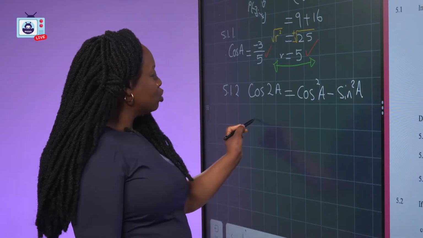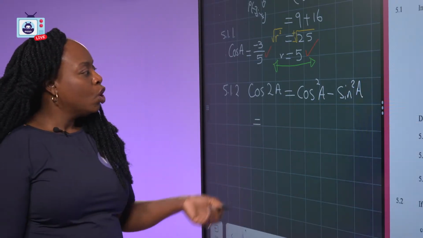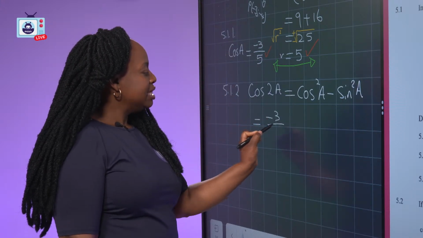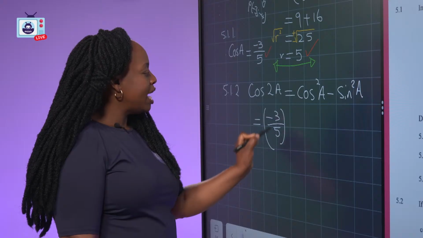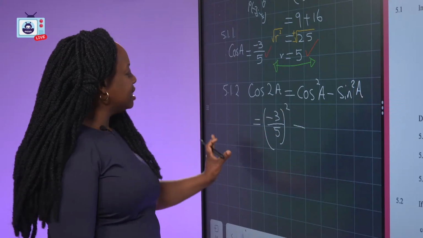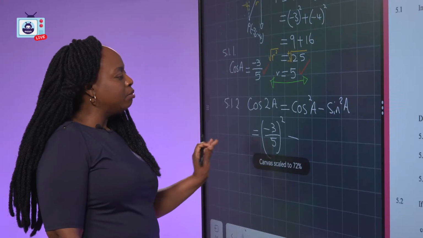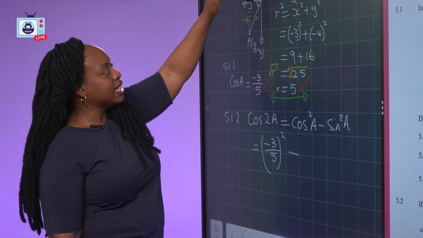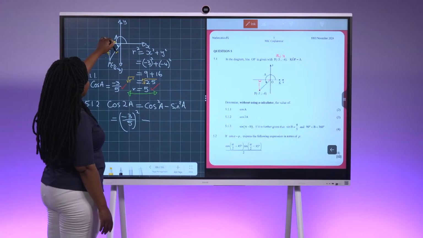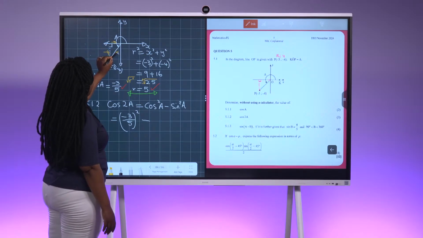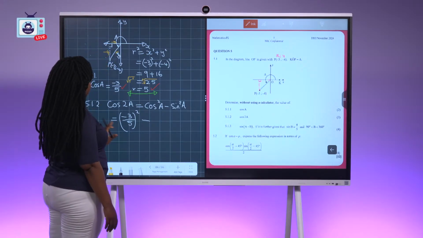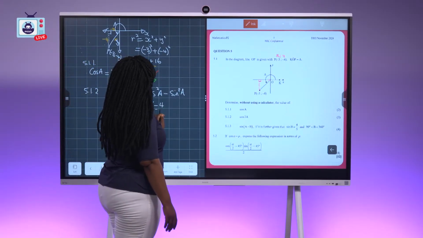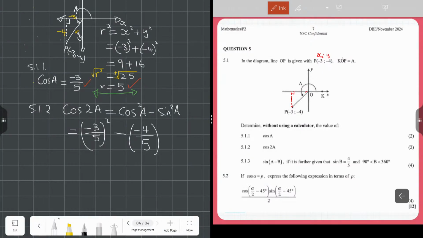I already have the solutions of this. For example, cos, we just had it here. So cos is going to be -3 divided by 5, and then we square that, minus. If I want to know what sine will be, I can come back to my Cartesian plane and say sine of an angle is opposite divided by hypotenuse, for which we said our hypotenuse equals 5. So that means we have -4 divided by 5, but that needs a square.